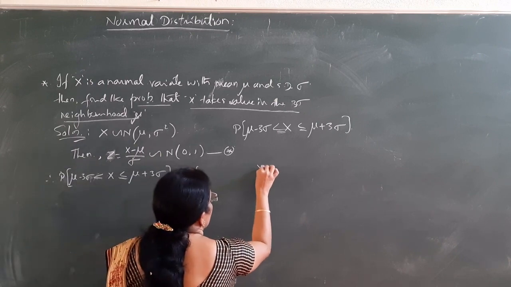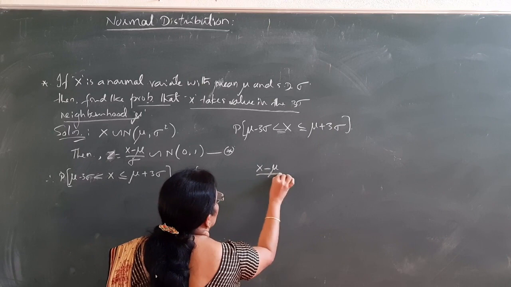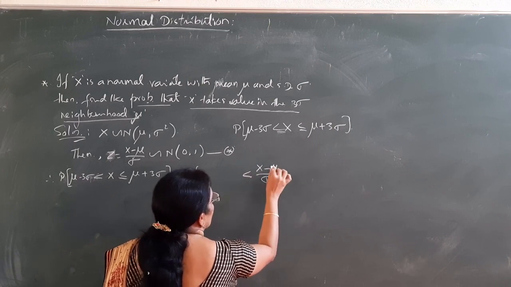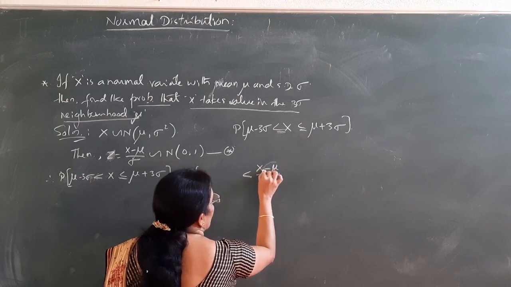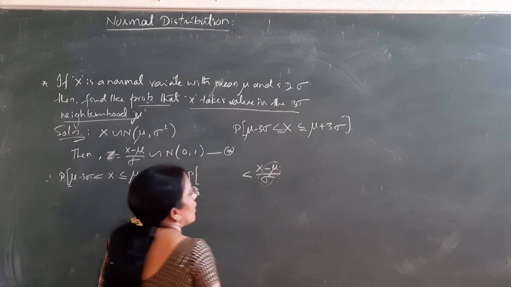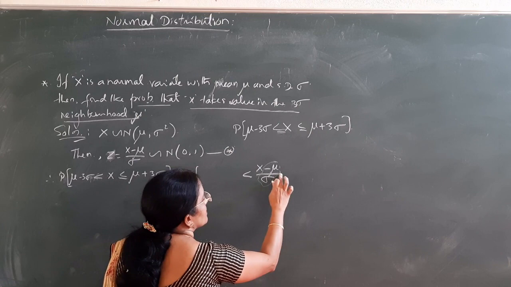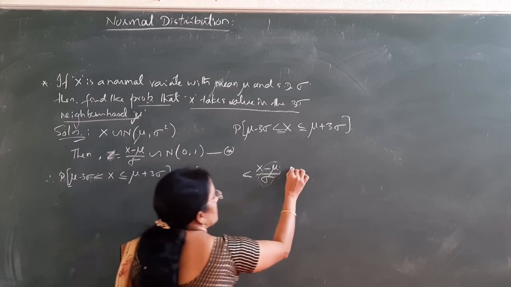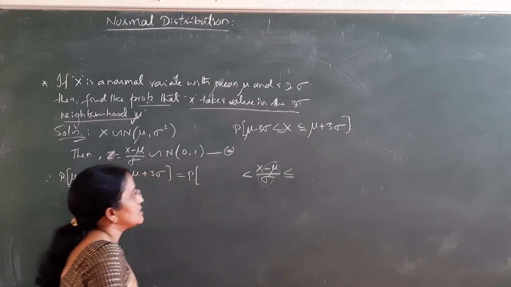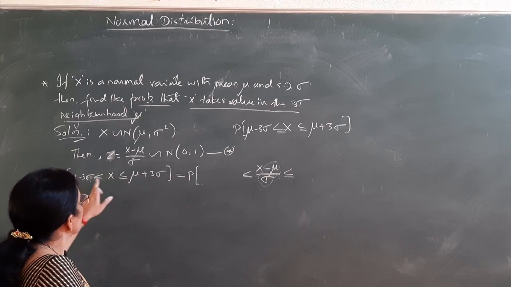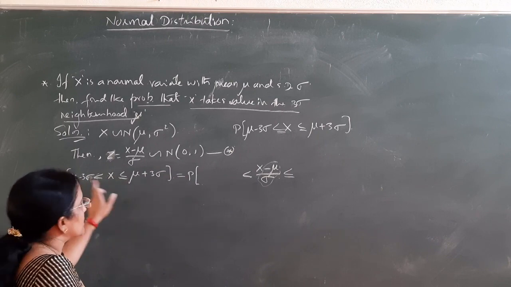Here I have applied an additional mathematical operation: mu is subtracted from x and that is divided by sigma. The same operations are applied to the remaining two factors also.